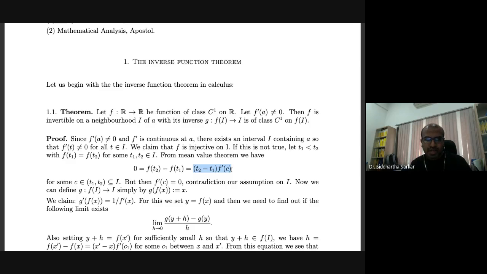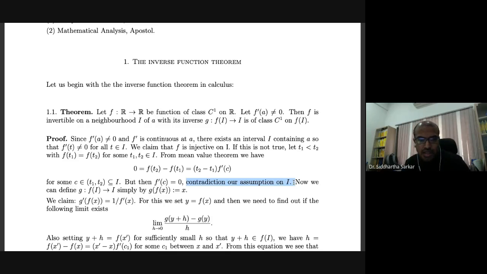But t2 minus t1 is strictly positive, so the only possible choice for this equation is that f prime c should be vanishing. But c is coming out of the interval where I already know the derivative does not vanish. So this would contradict whatever we started with.